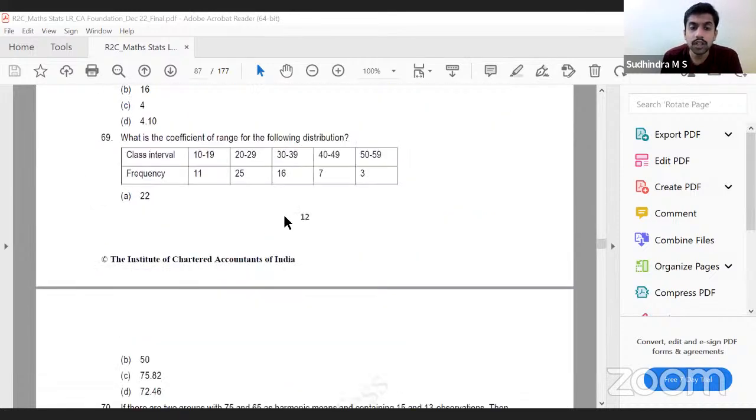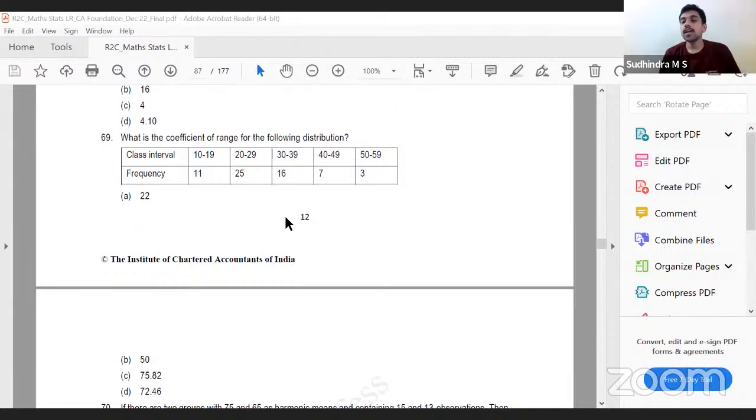Next one. What is the coefficient of range for the following distribution? Sir, 72.46, sir.